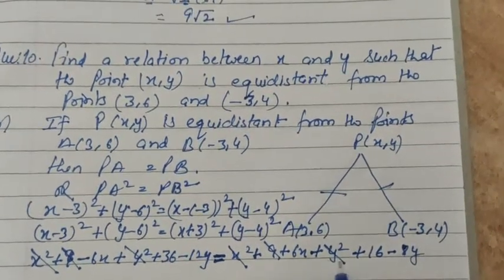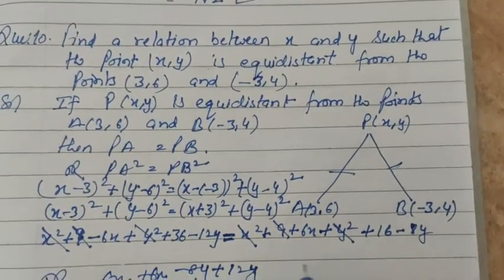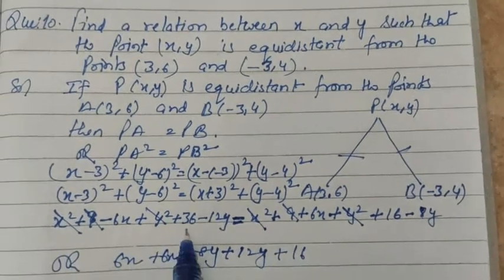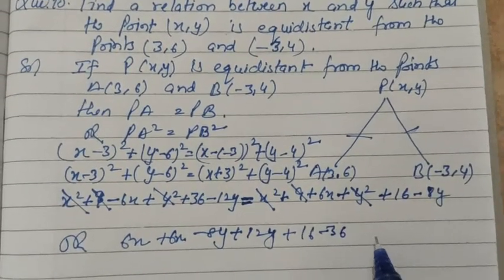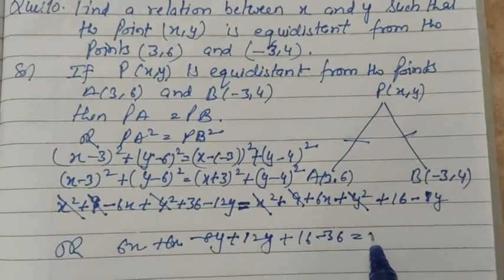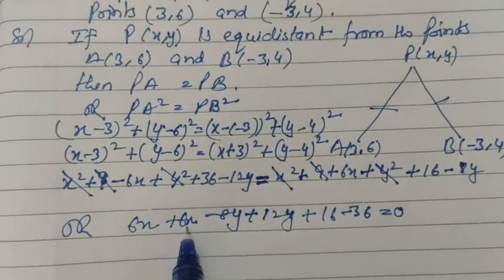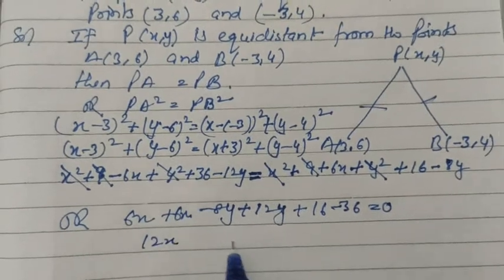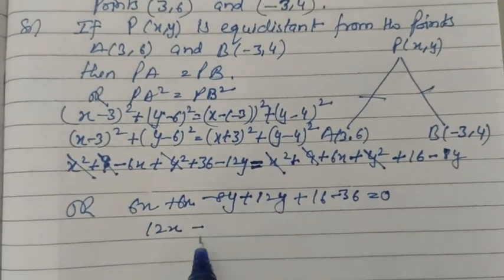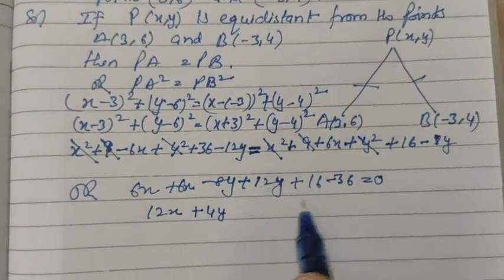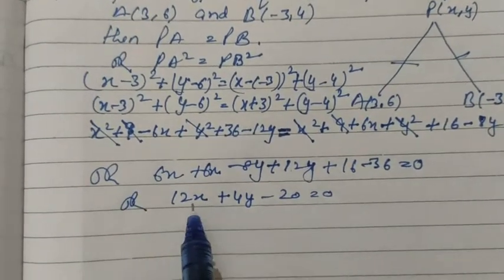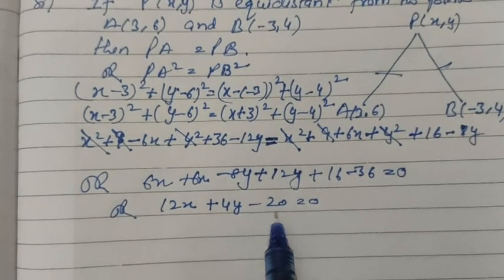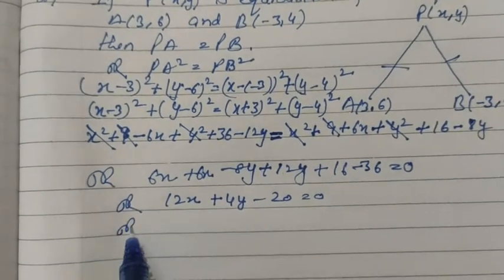Here we have 16, and this 36 becomes minus 36 on the right hand side. So 6x plus 6x becomes 12x, minus 12y plus 8y becomes minus 4y, and this will be minus 20 equals to 0.